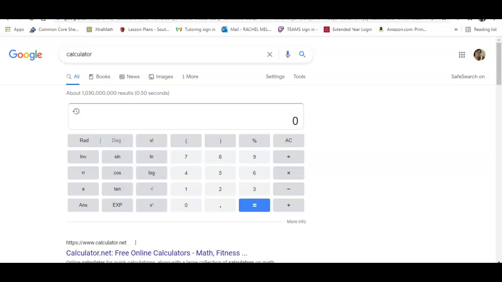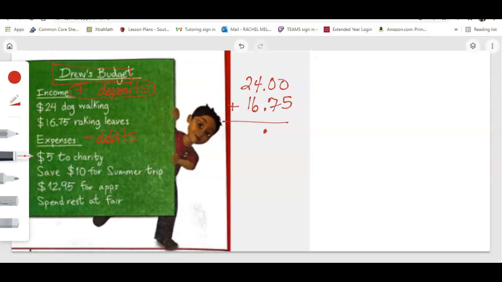So we had $24, and I could write it 24, or I can put my decimal and my two zeros. Either way is fine. I need to add the $16.75, and that gives me $40.75. I'm going to write that down here, $40.75. This is my income.